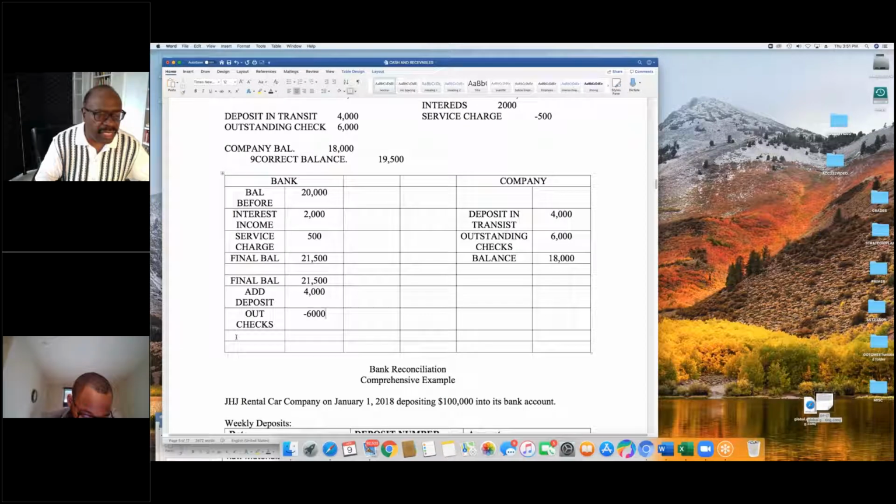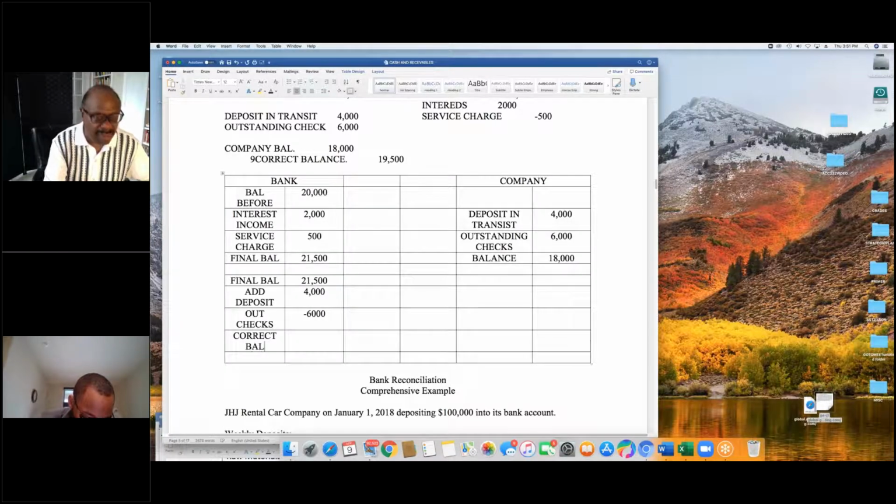And so the correct balance, based on adding this deposit in transit and subtracting outstanding checks, is going to be what? 19,500. Okay. So their final balance was 21,500. They did not have the deposit in transit, and they did not have the outstanding checks. So the correct balance is 19,500.